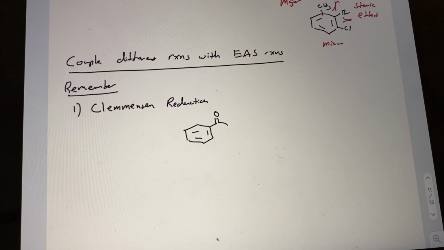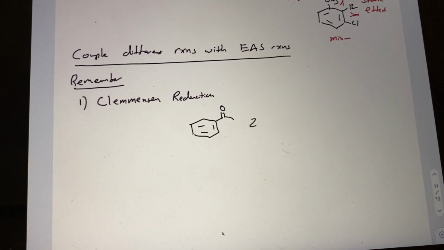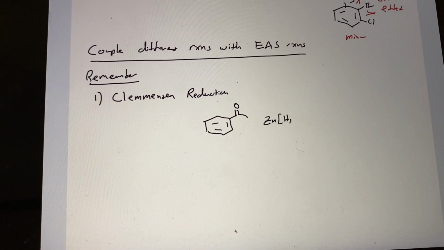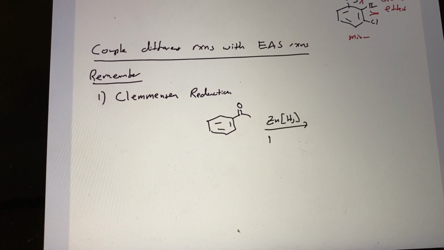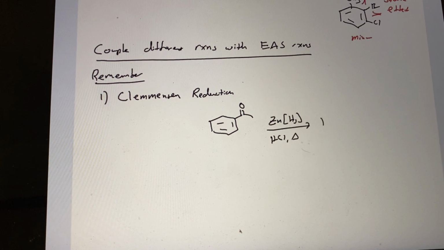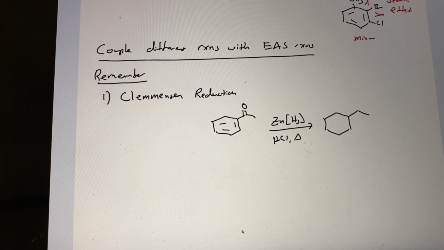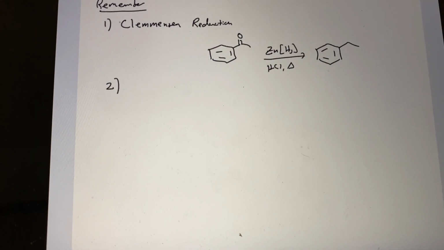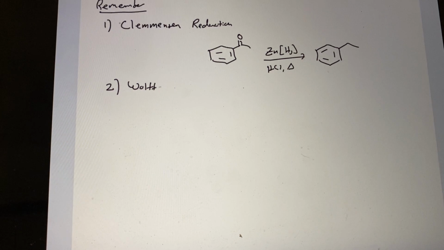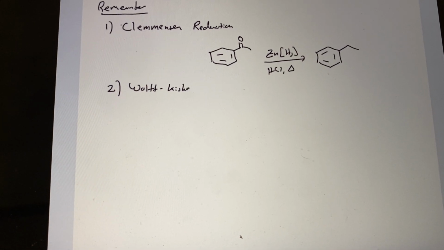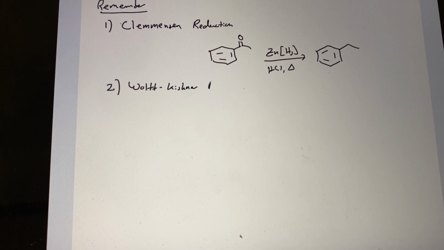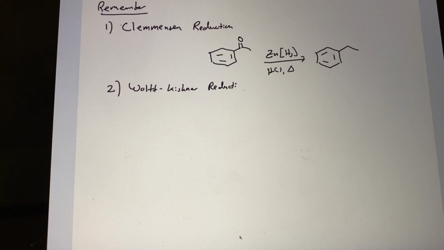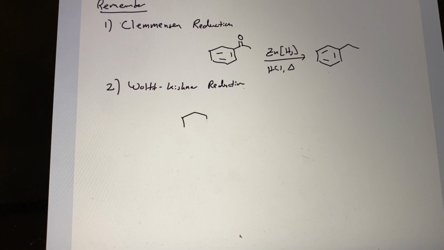We had a couple of ways of getting rid of a carbonyl group. We could take zinc and mercury, HCl, and heat, and we get rid of the carbonyl group. If we didn't want to use the mercury compound, we had the Wolff-Kishner reduction, and we went through that mechanism just briefly.